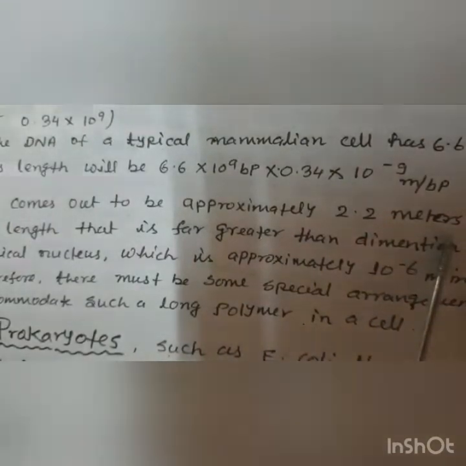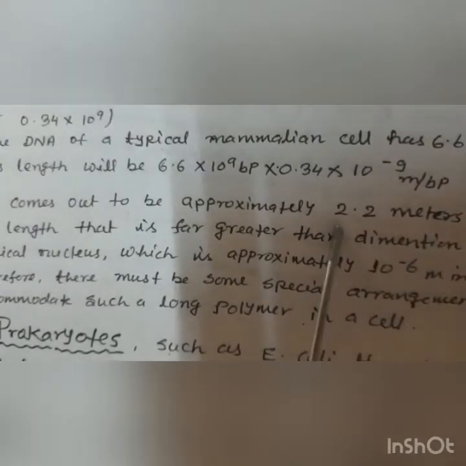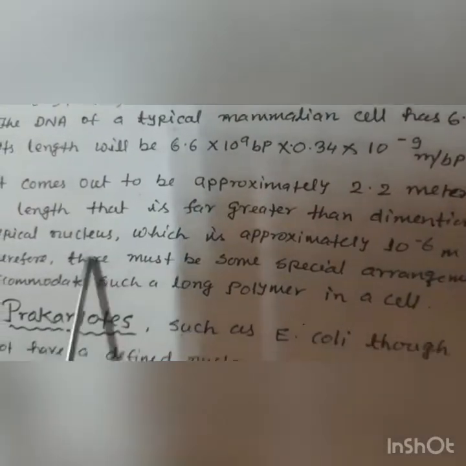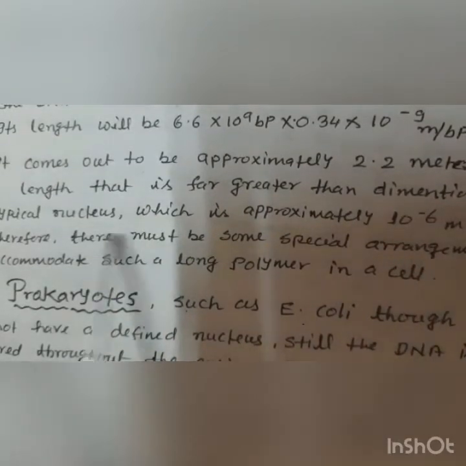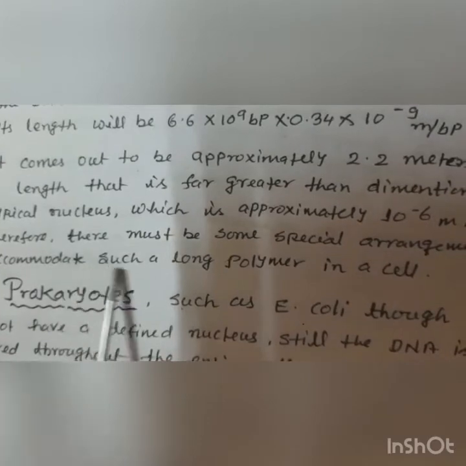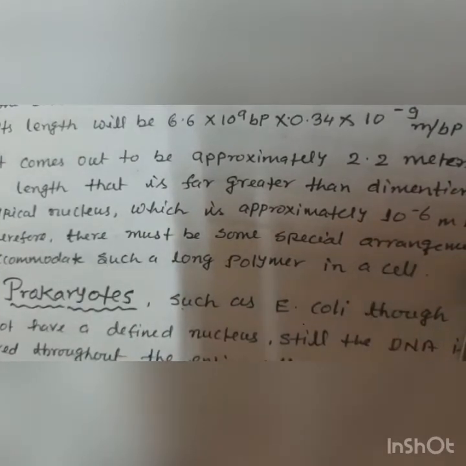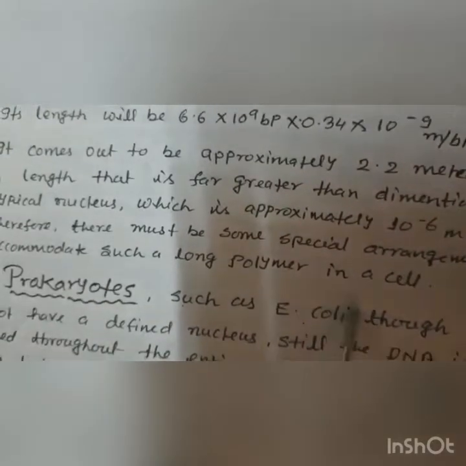So we can say that the length of the human DNA is approximately 2.2 meters. A length that is far greater than dimension of a typical nucleus, which is approximately 10 to the power minus 6 m in diameter. Therefore, there must be some special arrangement to accommodate such a long polymer in a cell.